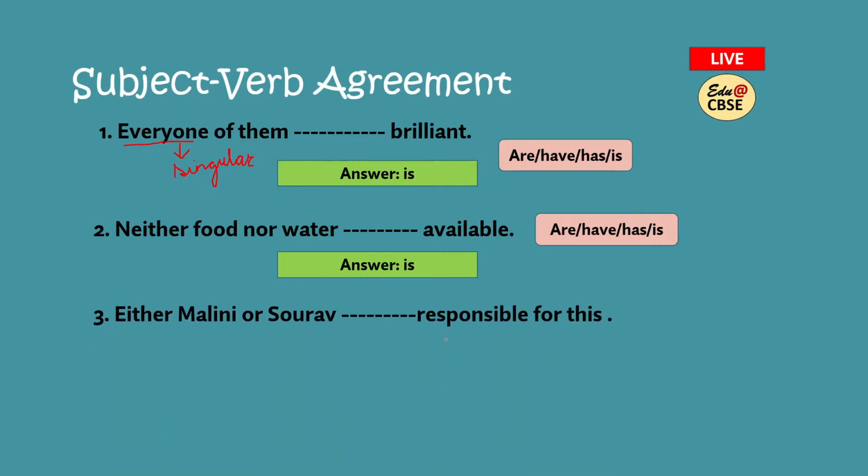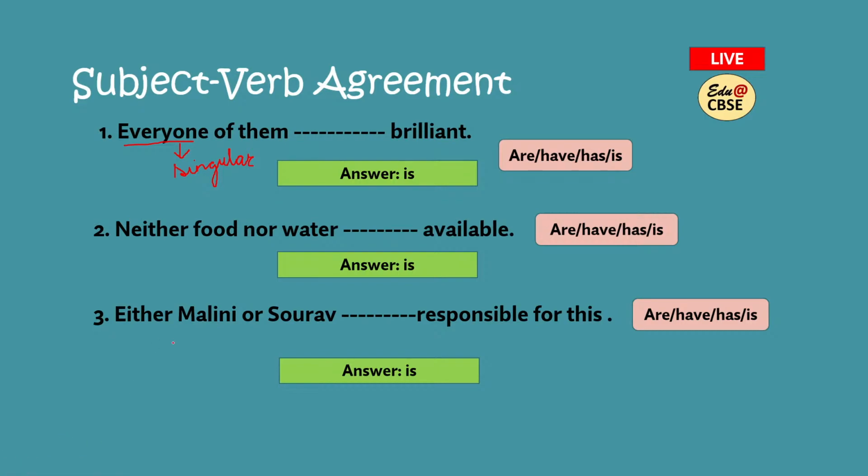Next, the third sentence. Either Malini or Saurav dash responsible for this. Again you have to choose out of are, have, has or is. Okay, the correct answer is again is.